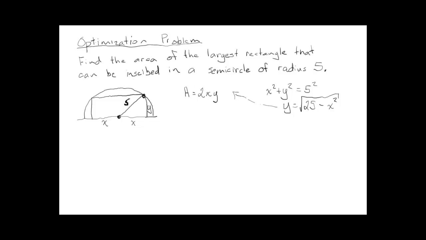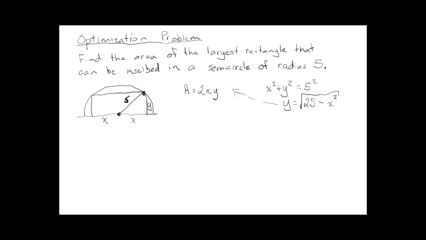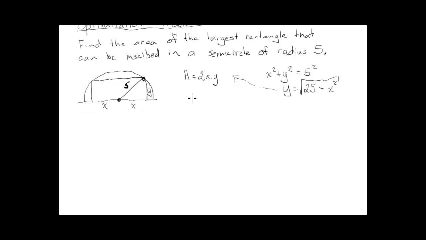Now I'm going to show you a different way to do this question, using trigonometry. So in this right angle triangle, I'm going to let theta be this angle here. And then I have my basic trig ratios. So the cosine of theta is equal to the adjacent side, which would be x over 5.